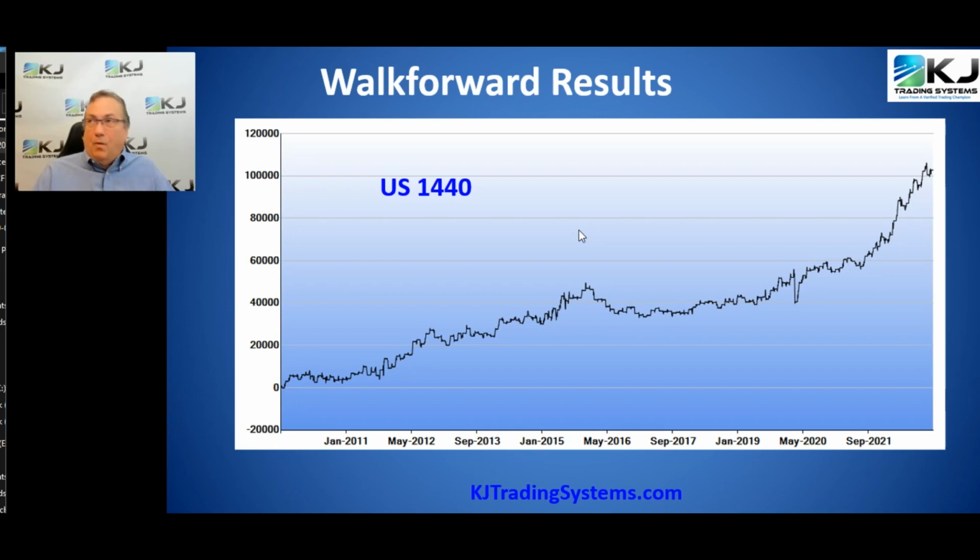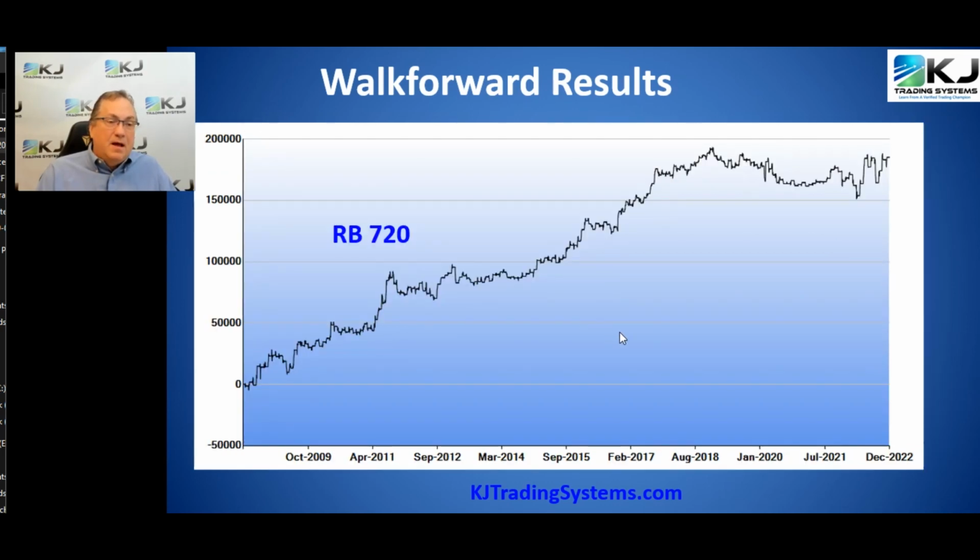And if you're just like, whoa, what is he talking about? This is something I talk about in my class. It's an important little distinction. But 1440 minute bars, this is what it looks like for the U.S. Treasury bonds.